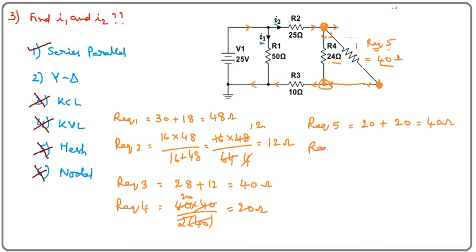So let me write one more equivalent: R equivalent 6 is equal to 24 into 40 divided by 24 plus 40, which is 64. Simplifying, 4 tens are 40 and 24 is 6, 4 fours are 16, again 2 twos are 4, and we get 15. So R equivalent 6 is equal to 15.